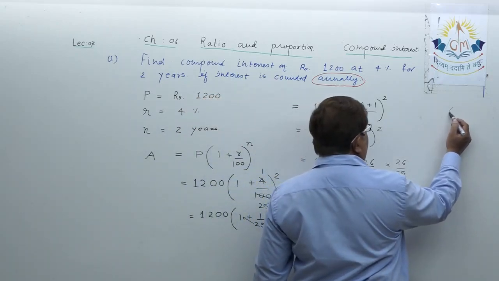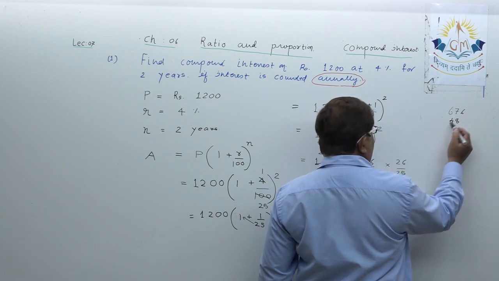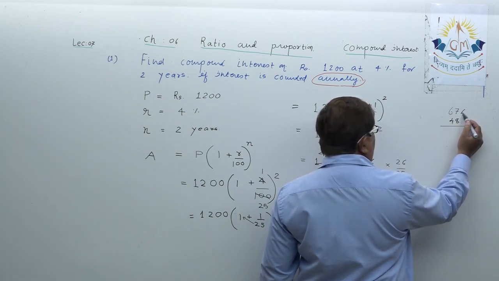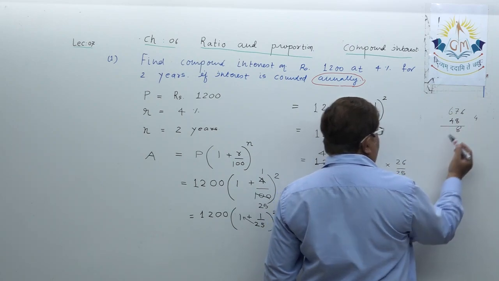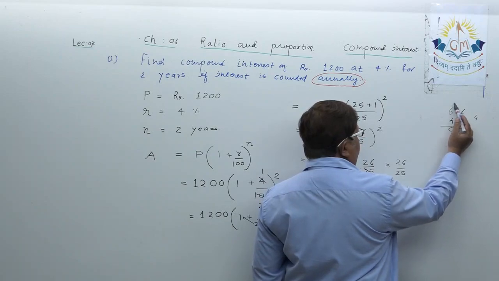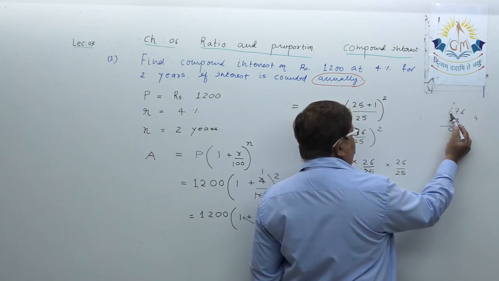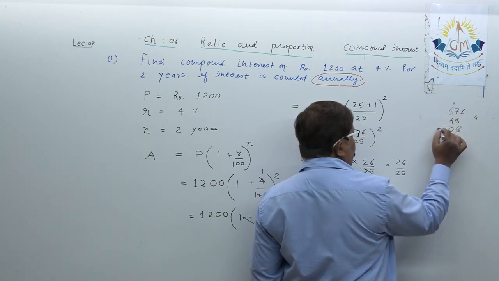Please multiply 676 into 48. 8 sixes are 48, 4 carry. 8 sevens are 56 plus 4 is 60, 0 and 6 carry. 8 sixes are 48 plus 6 is 54.